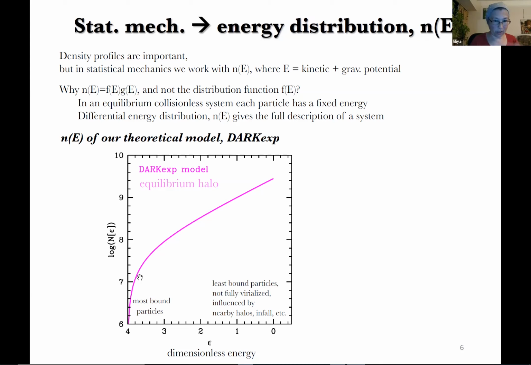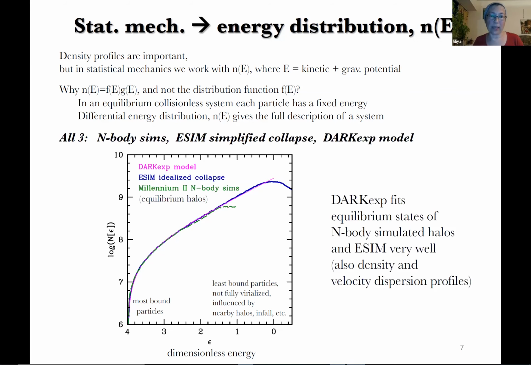And this is it. The energy distributions from the past three slides, all of them superimposed, are shown here. And you can see that they look very much the same. Especially at this end, which is the virialized and relaxed end of the energy distribution, all three agree.